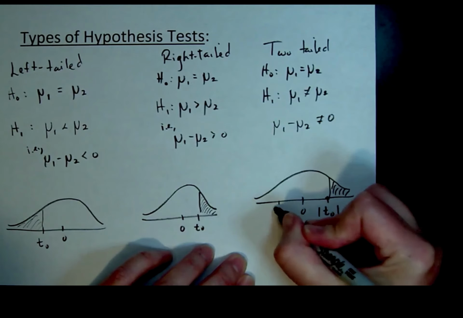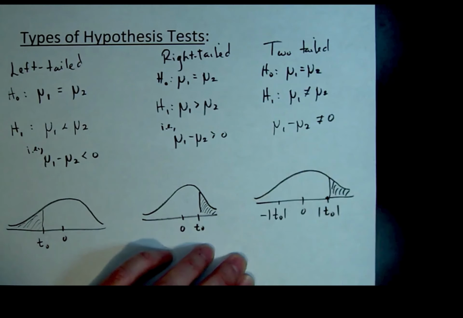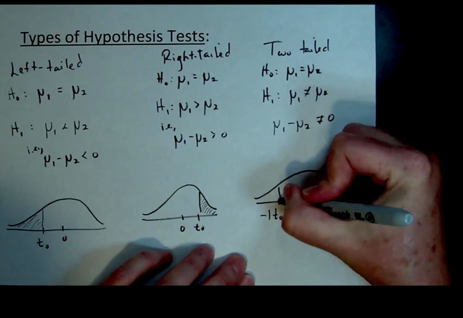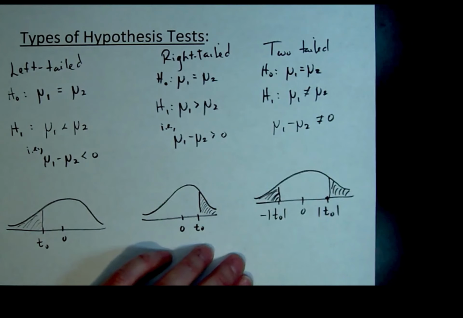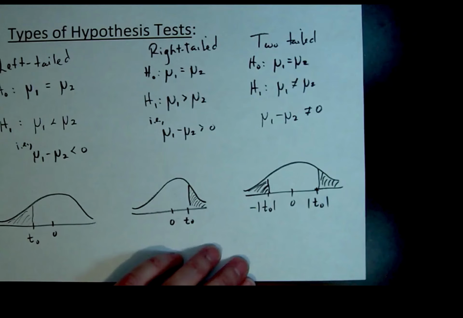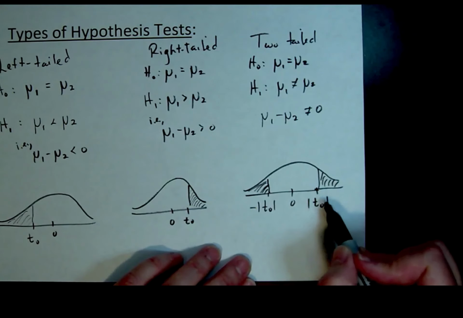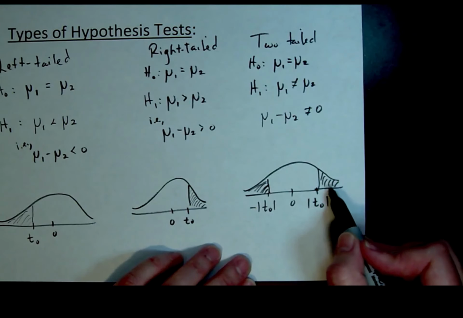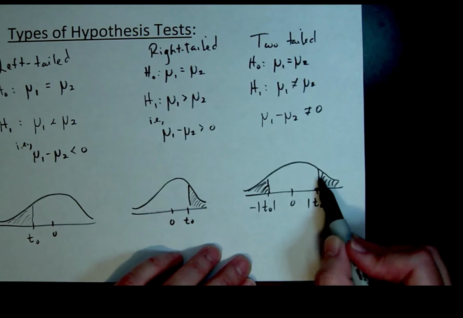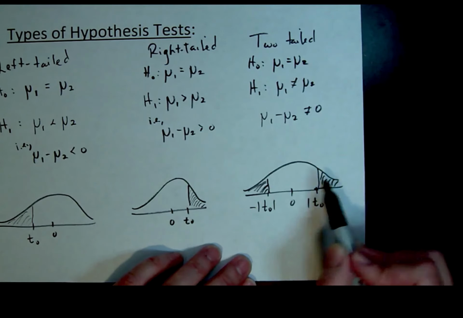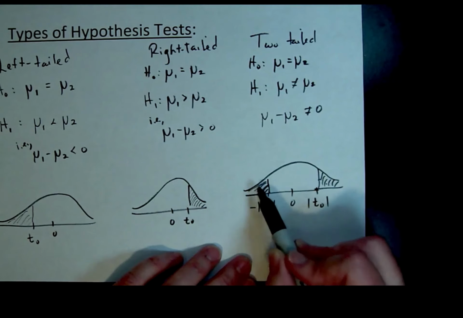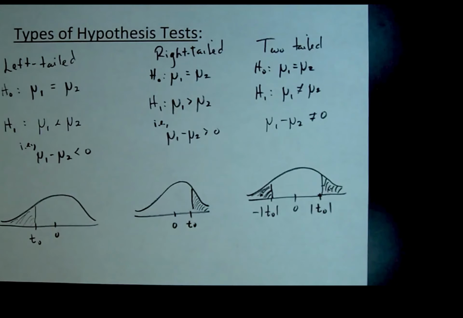Look for our test statistic with a minus sign, get the area to the left of that, and the sum of those two areas will be our p-value. The way we're going to do this actually is simply recognize that when the table gives me this area that's to the right, I can double that area to get the total area here because this area is the same as that area.